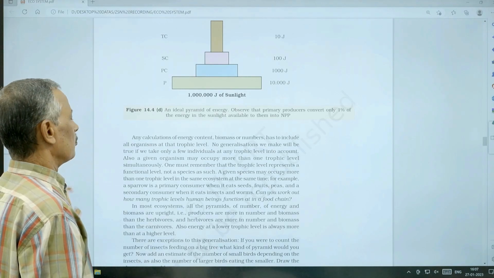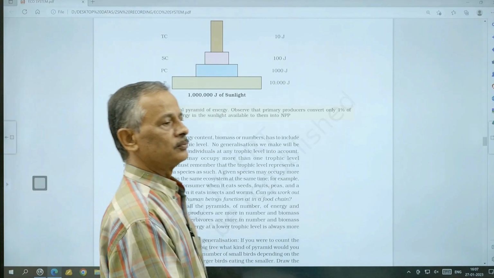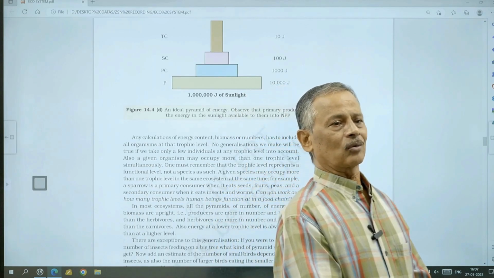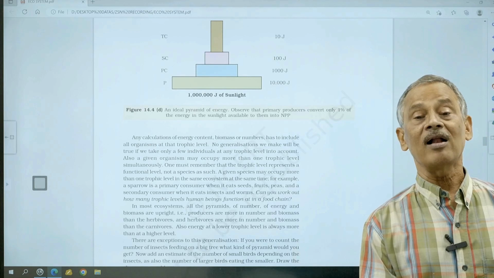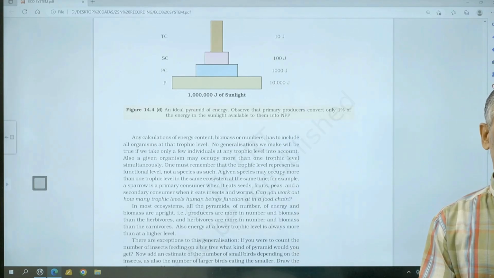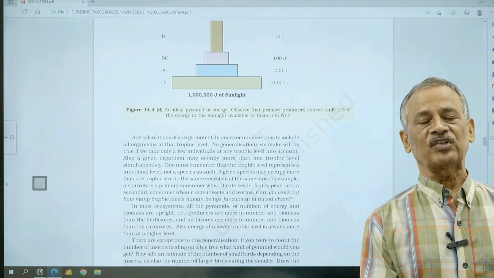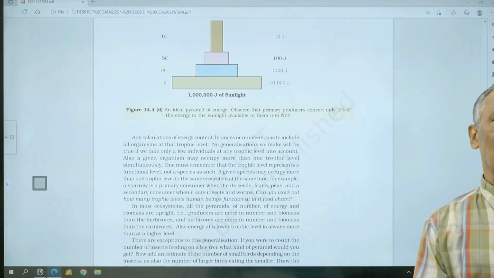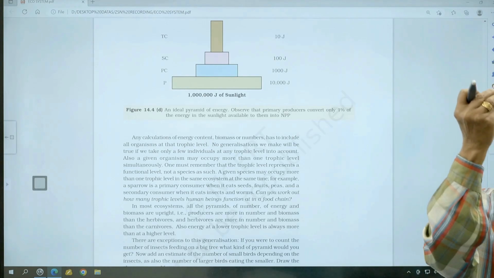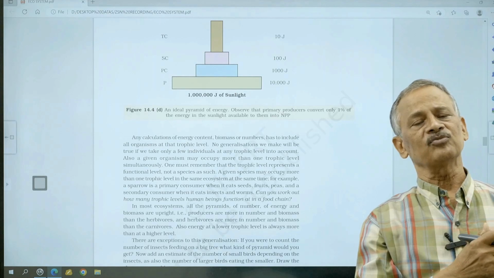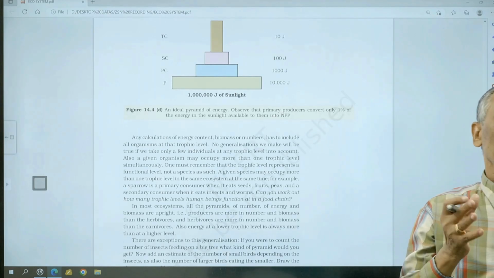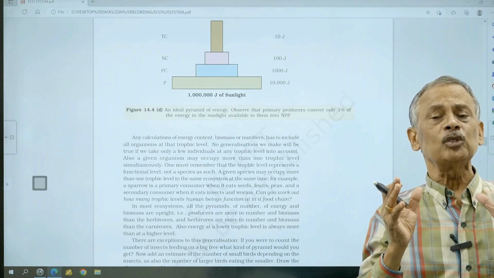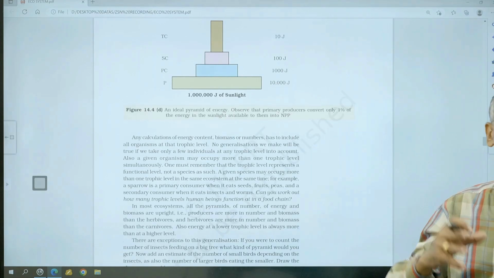But the pyramid of biomass in a normal terrestrial ecosystem will be upright, but it can also be inverted. Why? In aquatic ecosystems, the producers are the small microscopic diatoms and other microbes, which will be utilizing all their energy to increase their number, that is in reproduction.